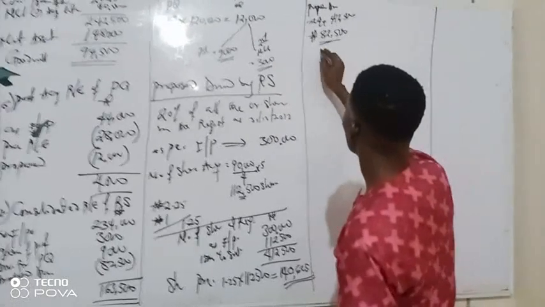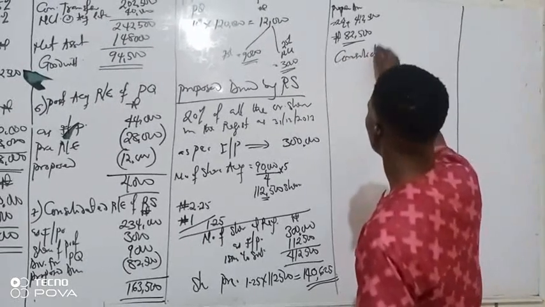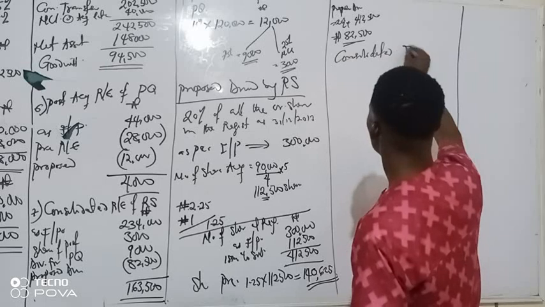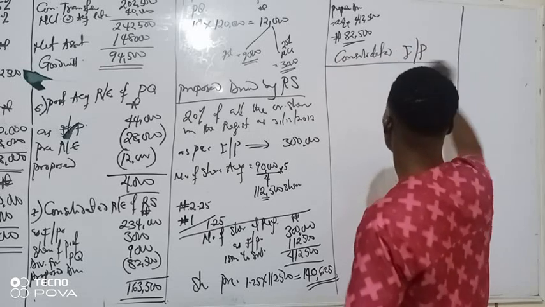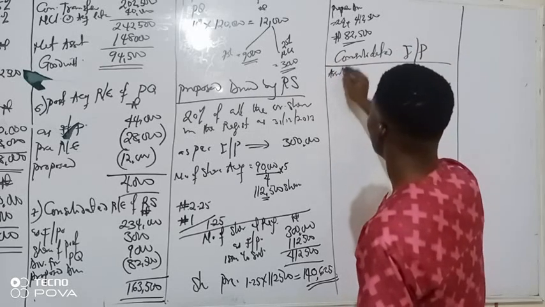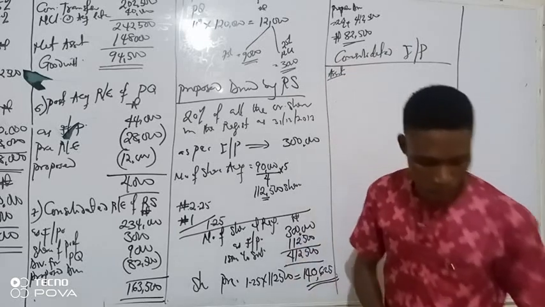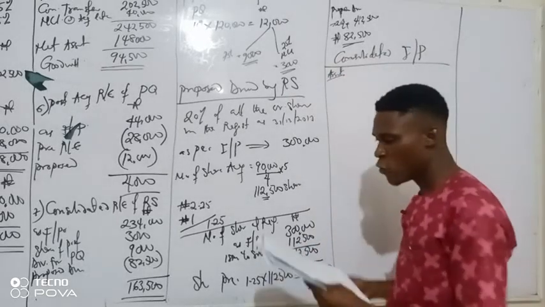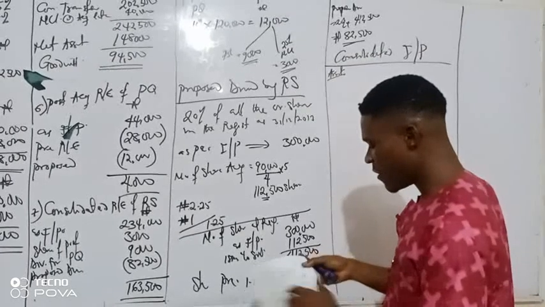Consolidated financial position. Let me show you how to put it. The asset side first. No adjustment, just add everything together straight away.